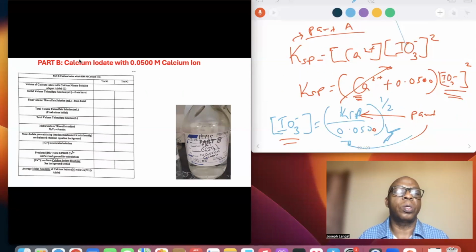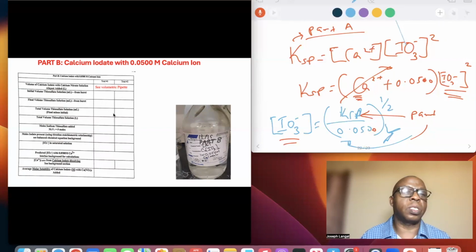The common ion here is calcium, which is in calcium iodide, the saturated solution of calcium iodide and calcium nitrate. Just like in part A, the volume of the aliquot is a function of the pipette, which is 5 mL. You'll do the titration. Please pay attention to step number 5.